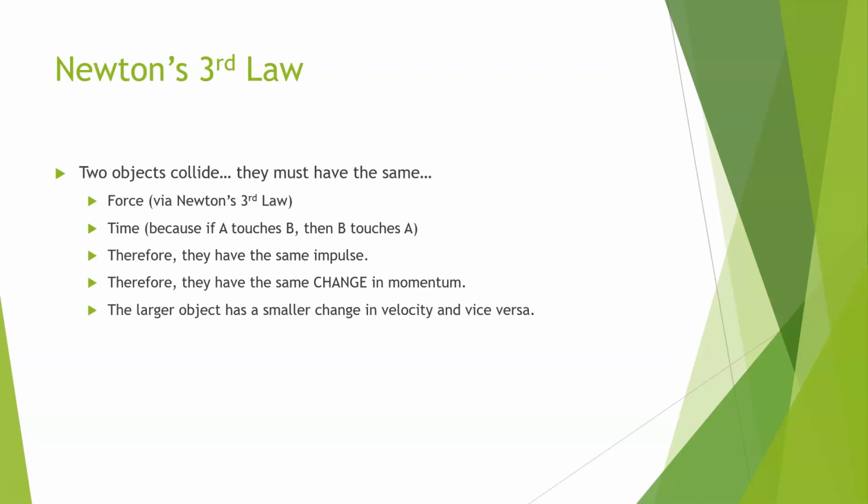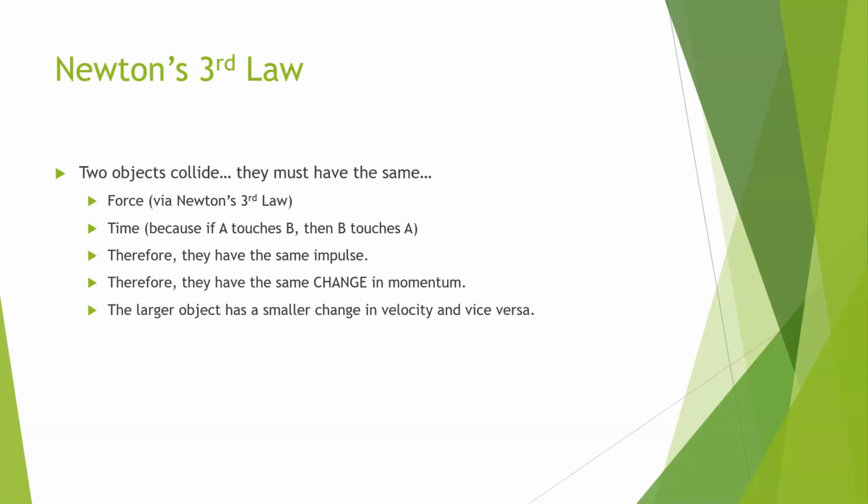Now, if we think about a bug splattering on the windshield as you drive up north, your car is the large object, the bug is the small object. Your car will have a negligible change in velocity, and the bug would have a dramatic change in velocity. Now, the change in momentum of your car and the bug would be the same.